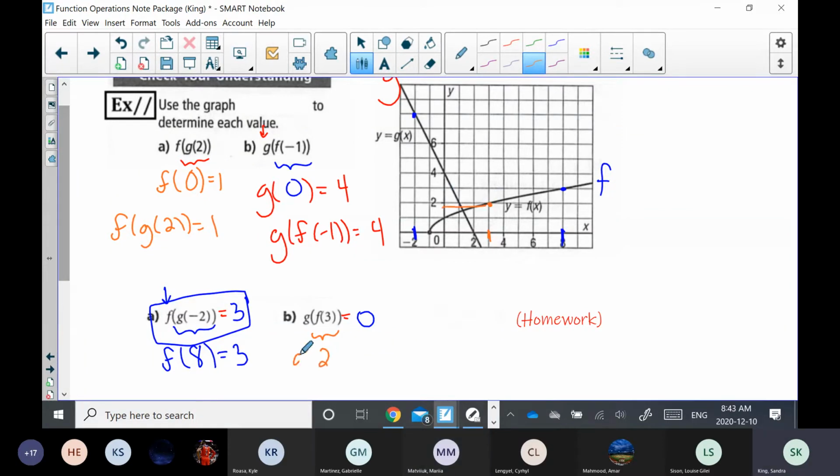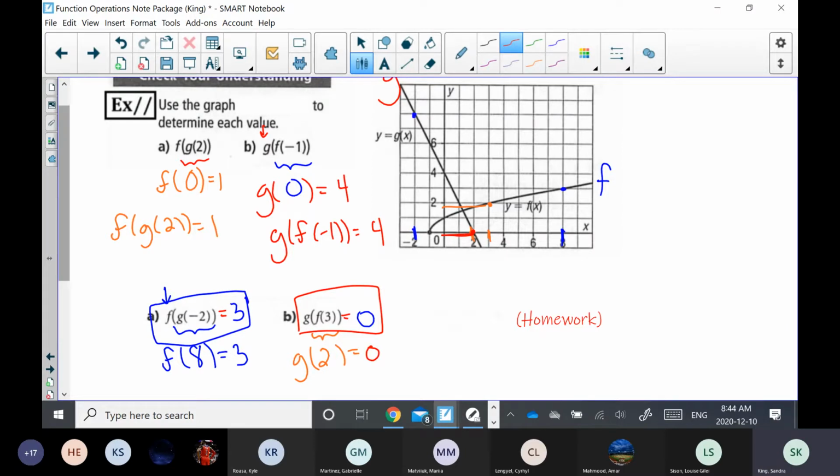And then she would have evaluated g of 2. So she would have gone to 2, which is right here, and it lies on the graph. So the point is right on the graph. What is that y value? It is 0. Okay, so that's how you would do evaluating a composition of functions using a given graph.